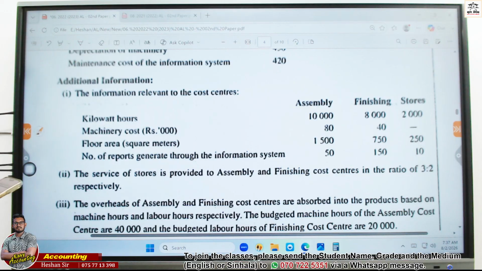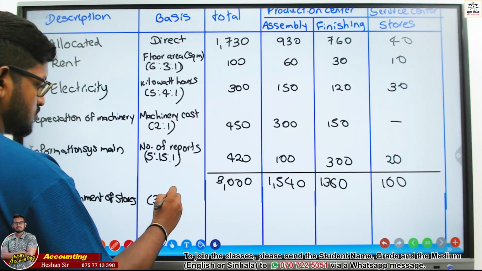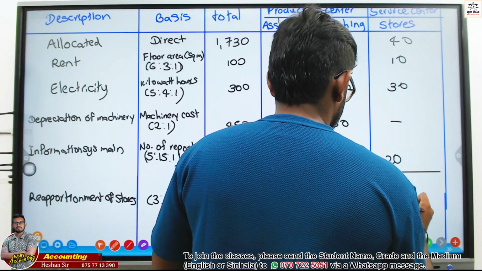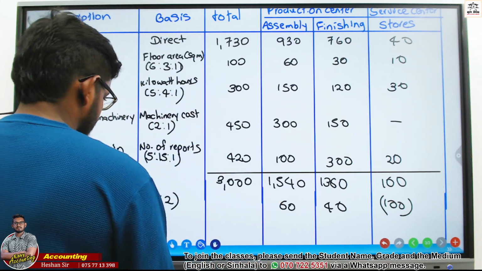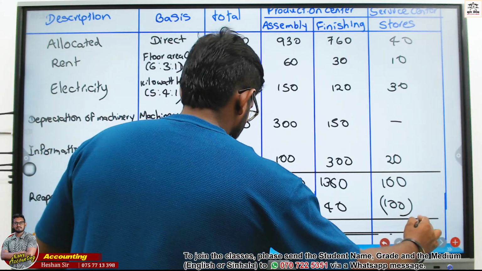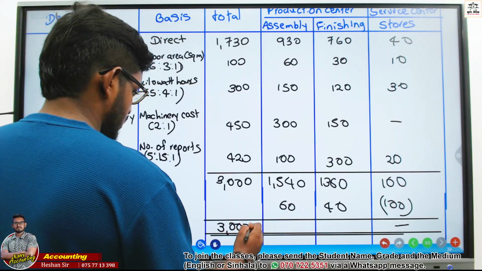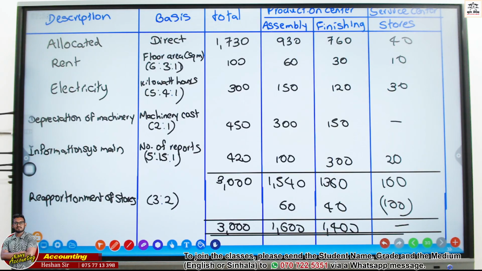What is the ratio? 3 is to 2. So that 100 moves from here, then 60 and 40. Once you get the total, you will get nothing in here. Same 3000, 1600, 1400, right?